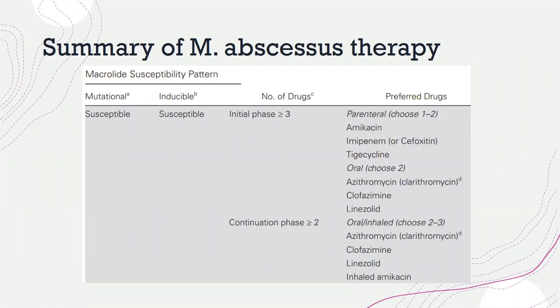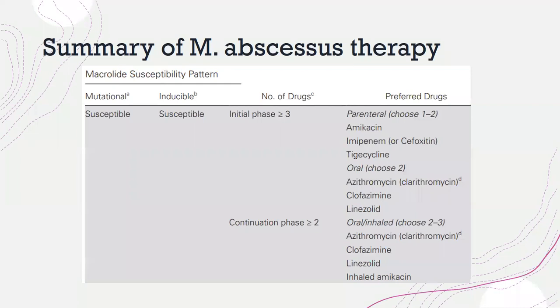You have an initial phase where you choose any of the drugs listed in this column: amikacin, imipenem, tigecycline. You choose 2 oral medications, a macrolide along with linezolid or clofazimine, and then you have a continuation phase in which you use at least 3 drugs: azithromycin with clofazimine, linezolid, or inhaled amikacin.